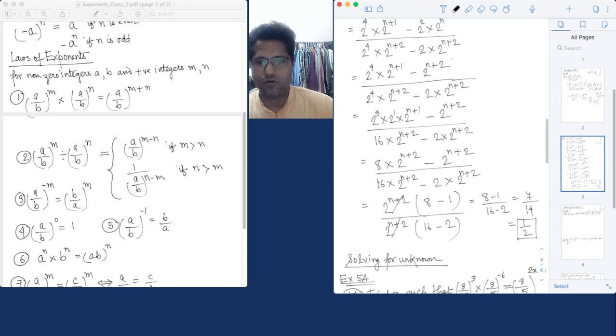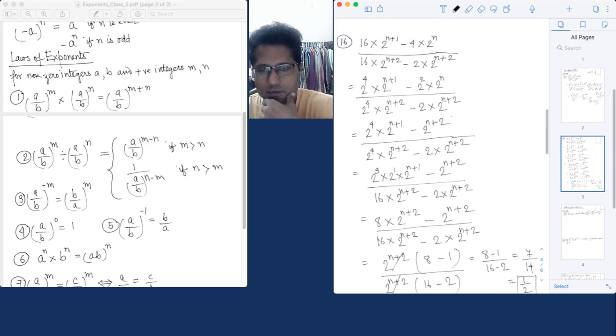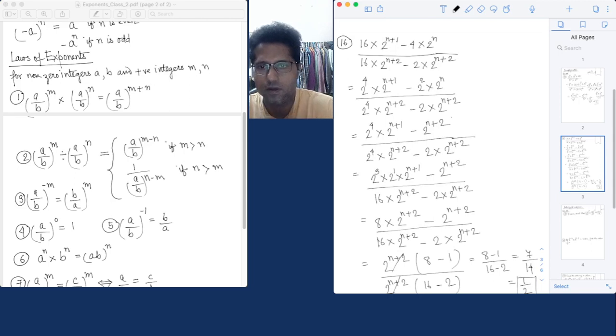So you have to carefully think about it. In most of the cases you will have to take some common, and that common will be some base raised to the power, in some exponential form.